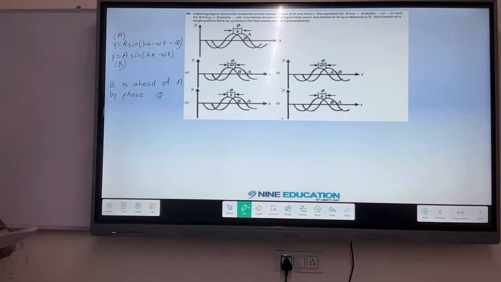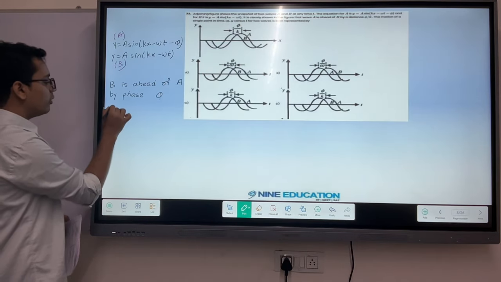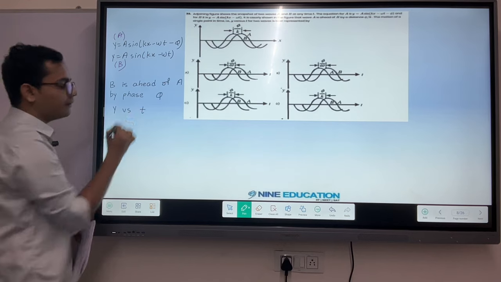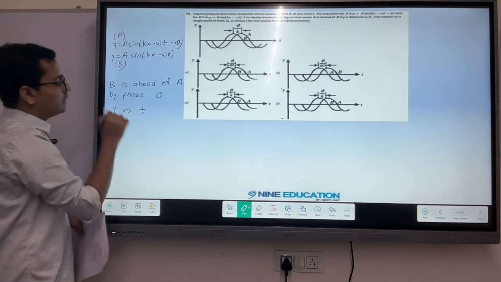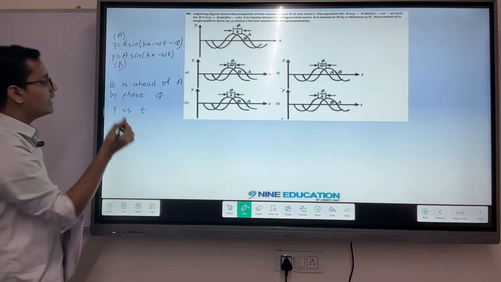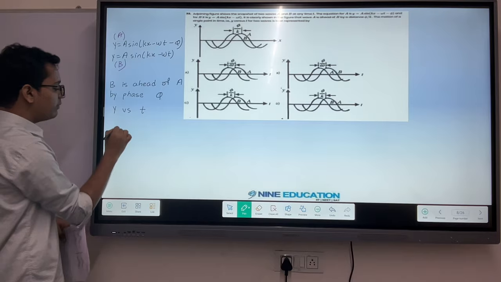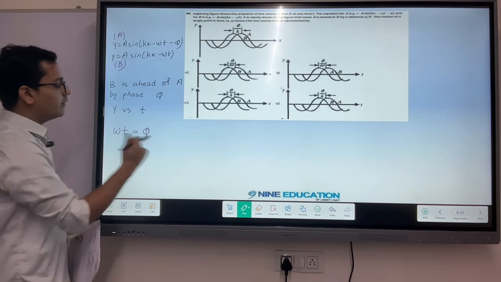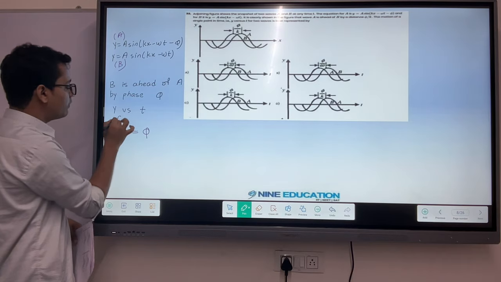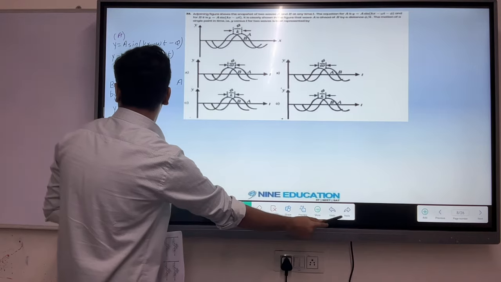It is given in the question that B is ahead of A by phase phi. So if you want to plot the y versus time graph, can I say the time difference between the two, or you can say the phase difference between the two is phi. So what is the time difference between them? Omega t is equal to phi.